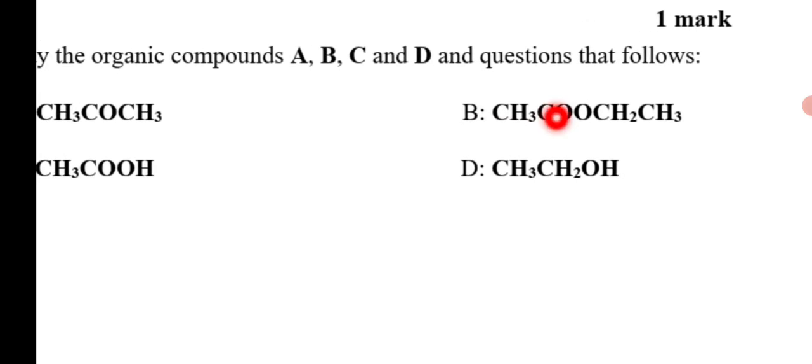If you look at B, we have a carboxyl group between two alkyl groups, an alkyl group this end, and another alkyl group over there. In the middle, we have a carboxyl group.